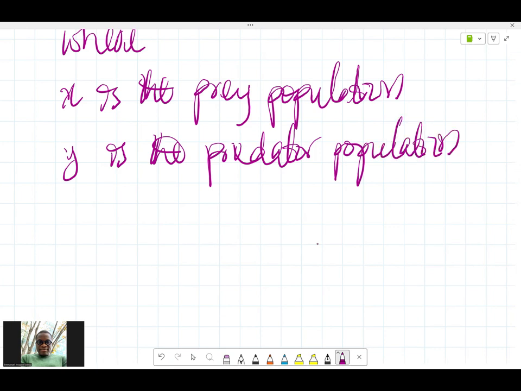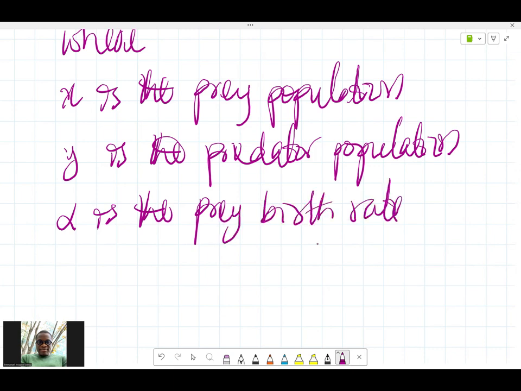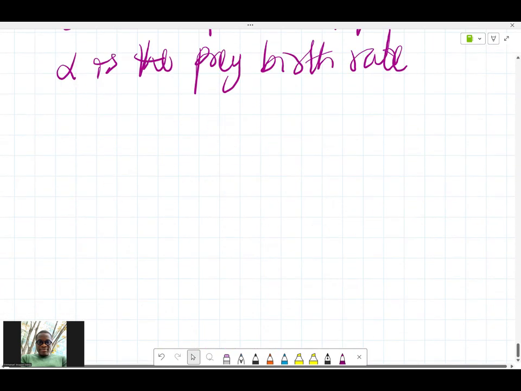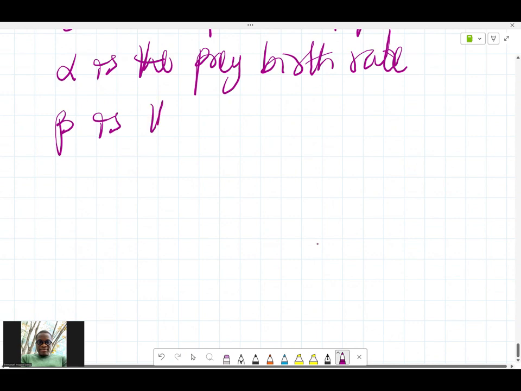Then we have all the other things. Alpha is the prey birth rate. Then we also have beta. Beta is the predator birth rate.